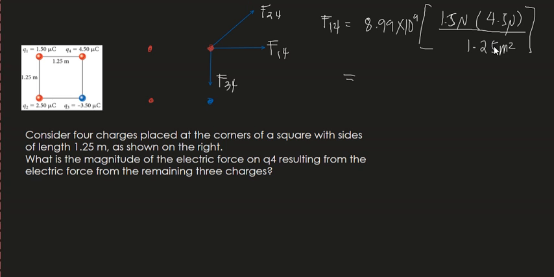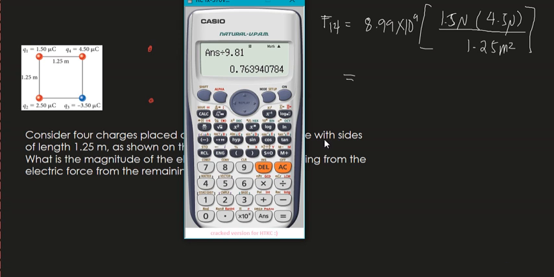So if we solve this, our answer will be equal to 8.99 E9 multiplied by 1.5 micro multiplied by 4.5 micro all over 1.25 squared.